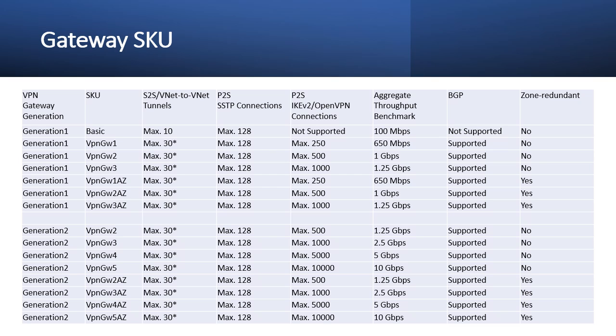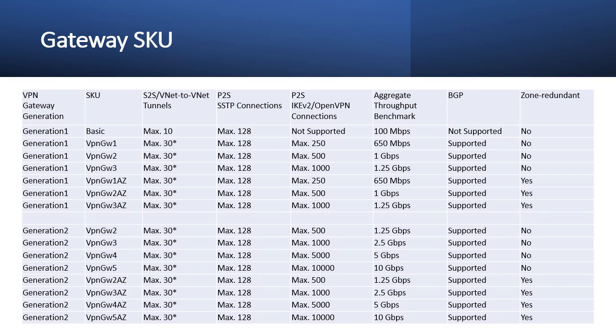In the same way there is generation 2, and there are differences in how many connections you get, almost double in some cases, and the speed is also better in generation 2. Based upon your requirement, you choose one of these generations.